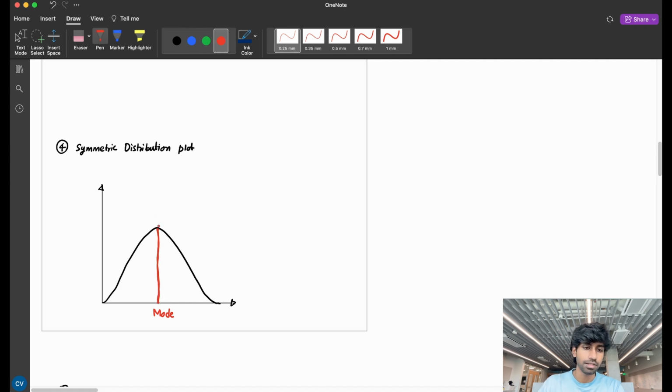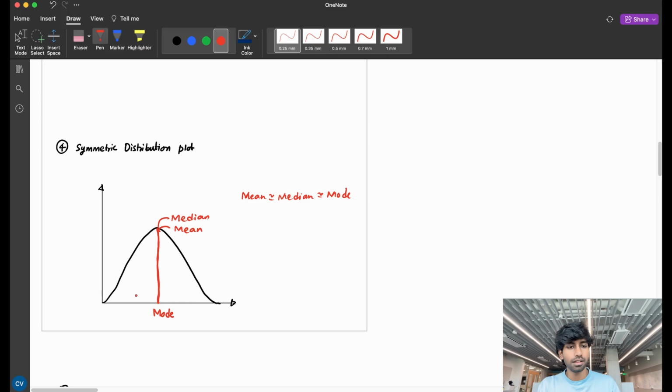So here itself we'll get to see the median and mode if it's a perfect symmetric distribution. So mean, median, and mode all are near the center.